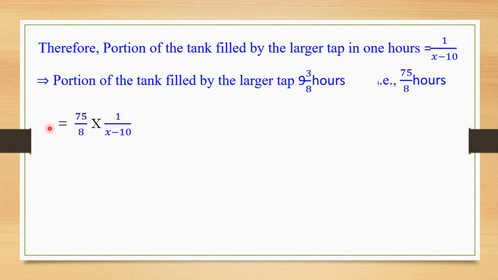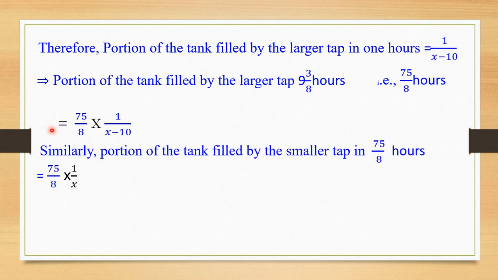This is for the larger diameter tap. Similarly, the part of the tank filled by the smaller tap in 1 hour is 1 upon x, and in 75 by 8 hours it will be 75 by 8 into 1 upon x. So these are the parts filled by the larger diameter tap and the smaller diameter tap respectively.